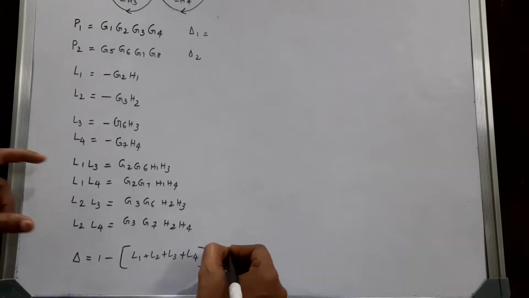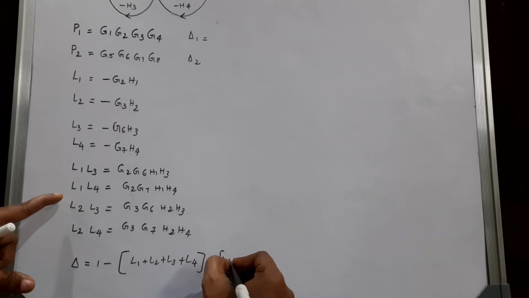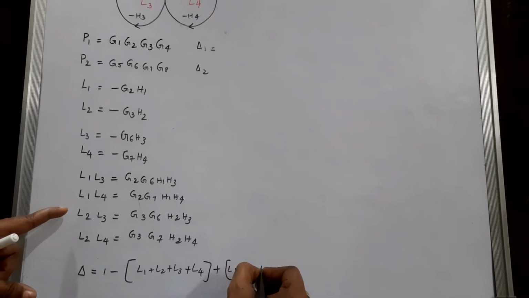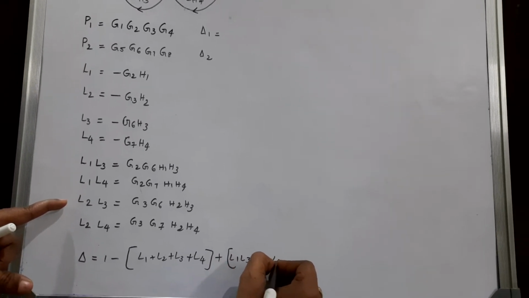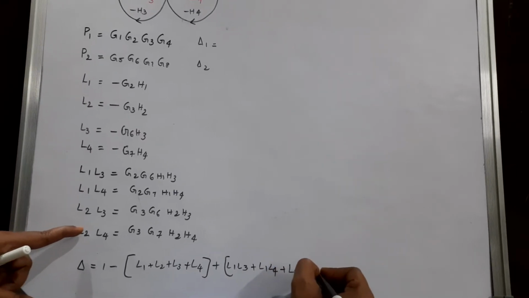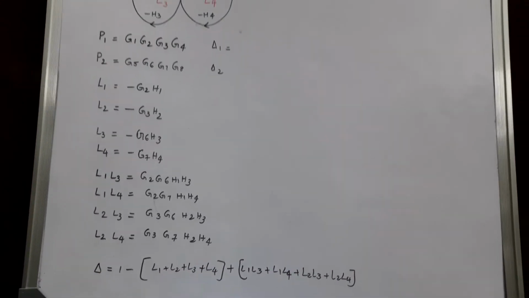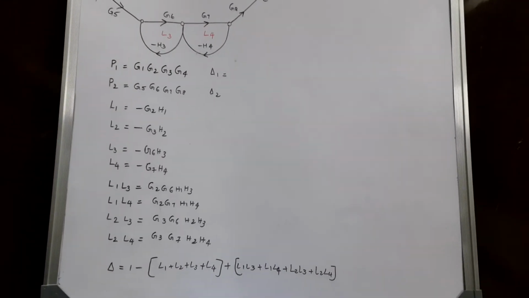Alternate sign, let us plus, summation of non-touching loops taken 2 at a time: L1 L3 plus L1 L4 plus L2 L3 plus L2 L4. Then 3 loops, non-touching loops taken 3 at a time.